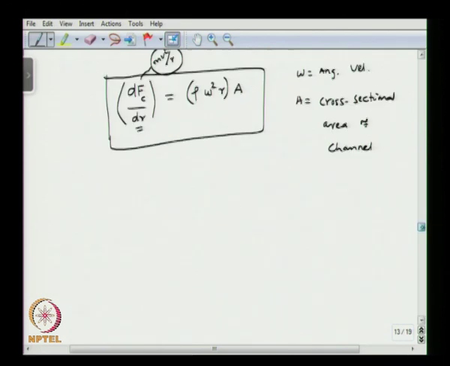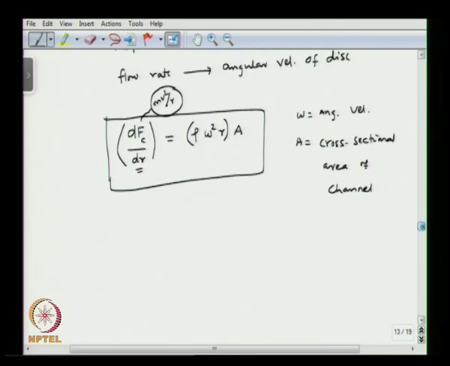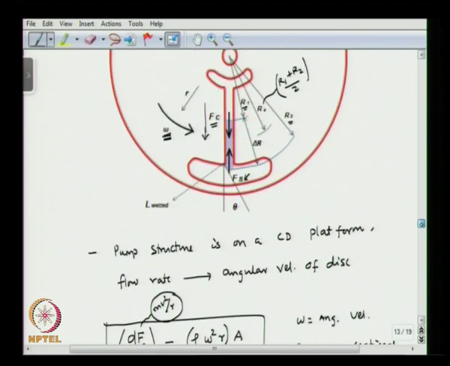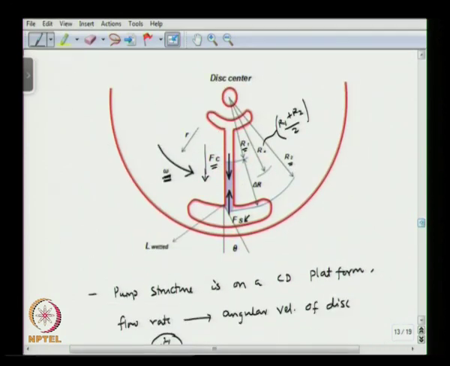Similarly, we can write down the expression for surface tension force. So, the surface tension force Fs would depend on the surface tension coefficient into the weighted perimeter, okay, and that force is directed towards the inside, towards the center.